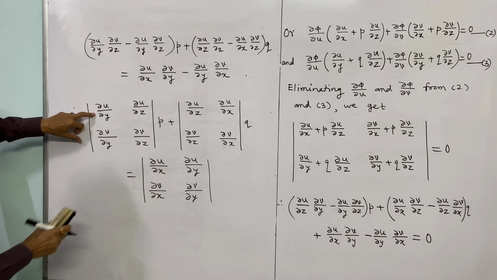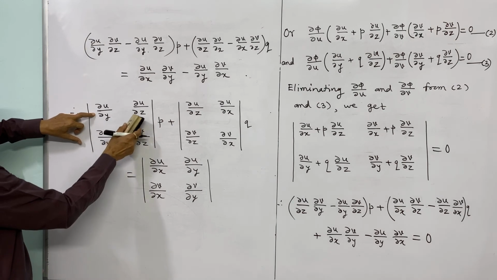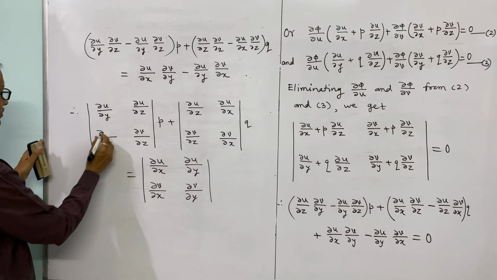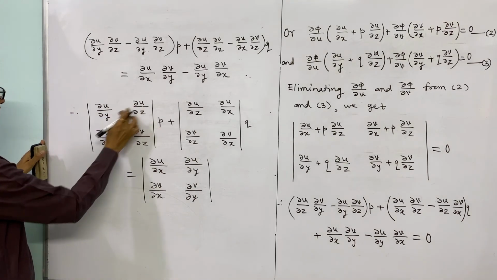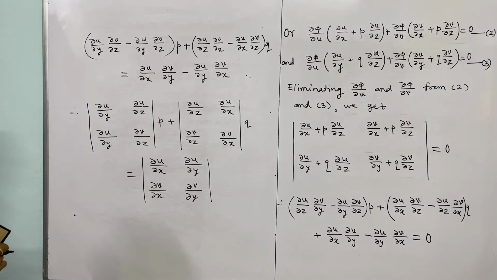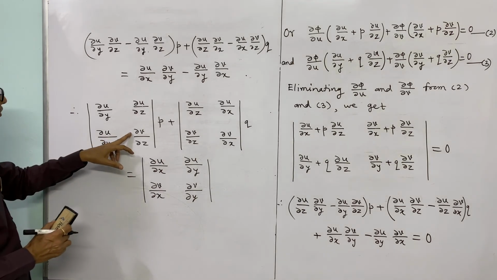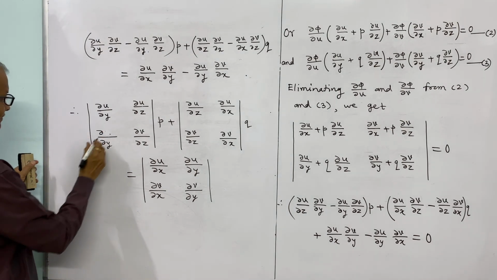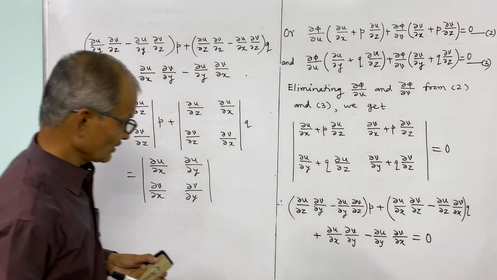Dou u by dou y, dou v by dou z minus dou u by dou z, dou v by dou y. It is u v and y z, but it must be dou v by dou y and dou v by dou z. So this must be v, and we will have to check this.